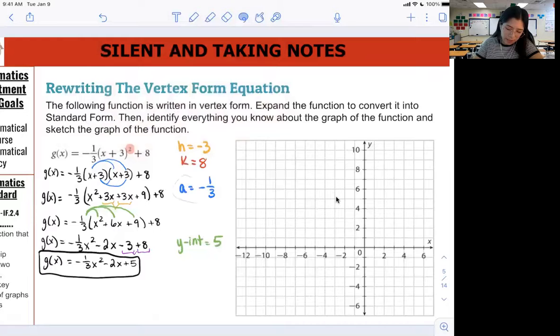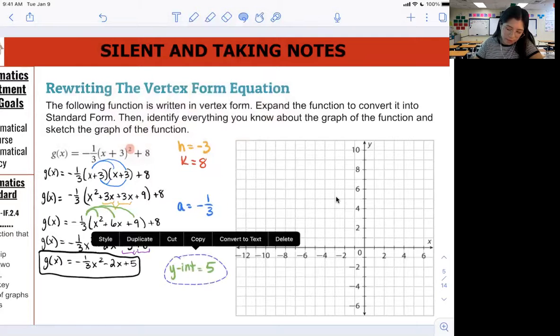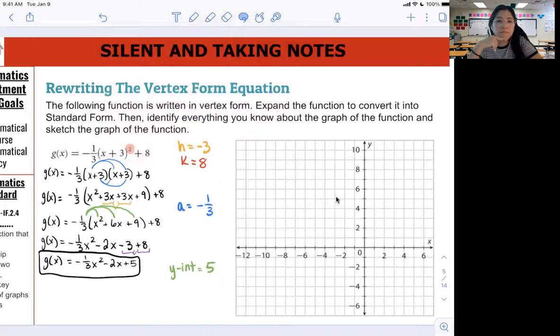All right, now let's talk about what all of these things do to my graph. Shout it out. Based on these numbers, what else do I know? The vertex is negative 3, 8. So it's flipped and being compressed. How do we know it's flipped?